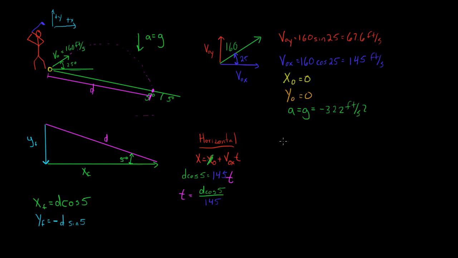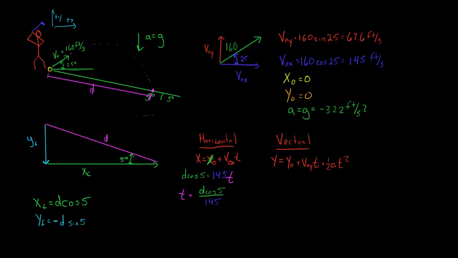Now if we look at our vertical direction, we have that a final vertical position is equal to an initial position in y plus our initial y velocity times time plus 1/2 times the acceleration times t squared.